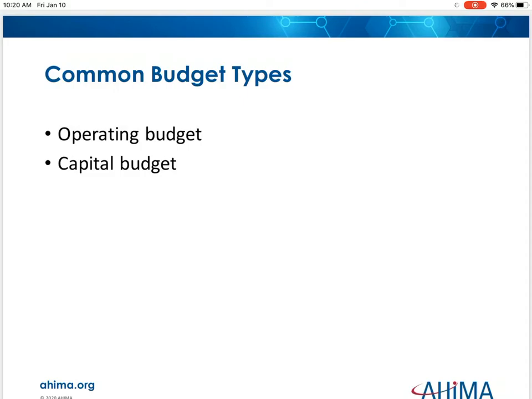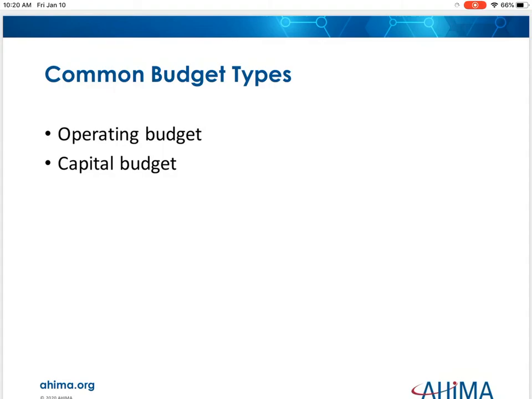All right, flipping over to 68. Second common type of budget is a capital budget. Now, these capital budgets detail purchases and other expenses related to departmental capital assets. So capital assets are physical things that you need. So if you're a radiology department and you need a new MRI machine or you need a new CT machine, that is a capital asset.